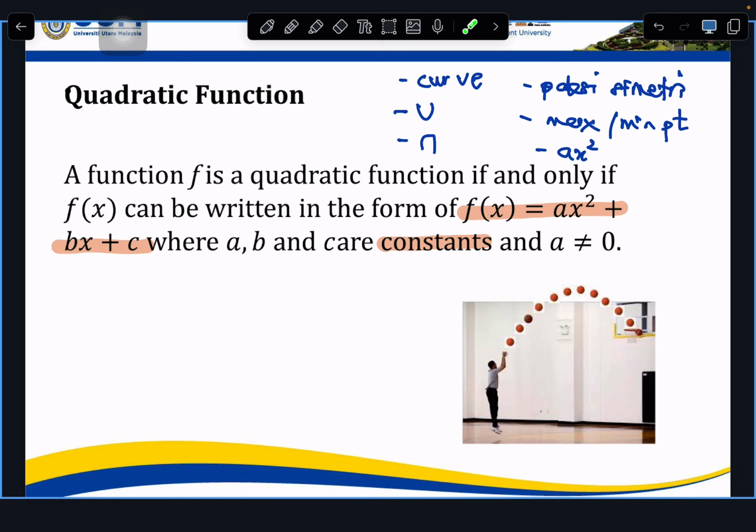Okay. And how do we decide the shape of our quadratic function? It depends on the value of which one, a, b, or c? A. So what happened to our a?